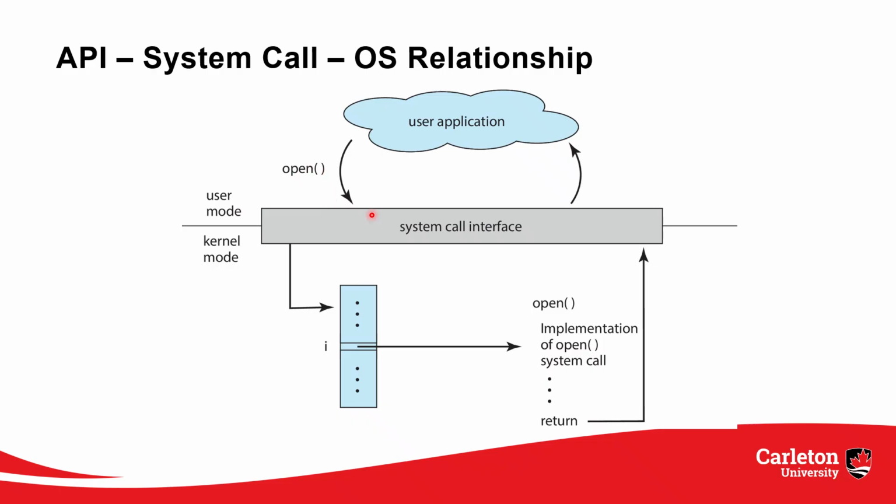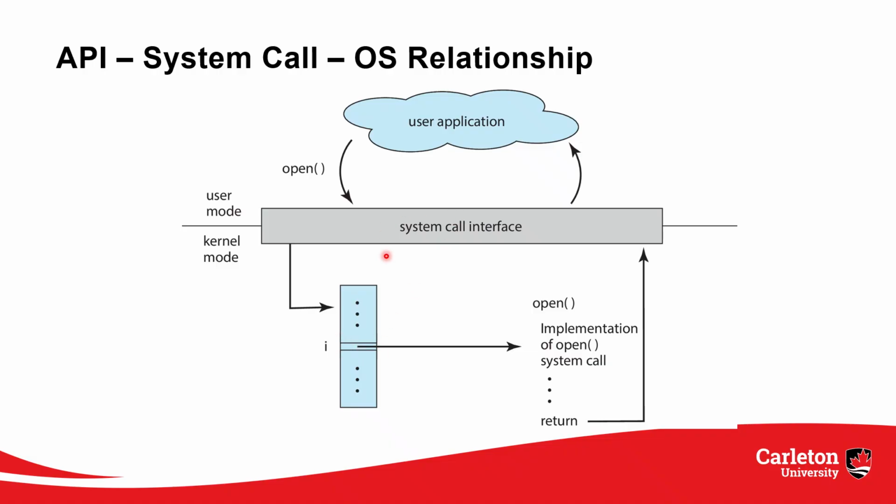And that system call interface will involve one of these software interrupts, a trap, which will flip us into kernel mode and look up the appropriate system call in the system call table, or vector table. So each system call is going to be given an integer index into this table. So we'll find open is value I. We'll do a lookup to I, and stored here is the address of the open function, the actual system call itself.